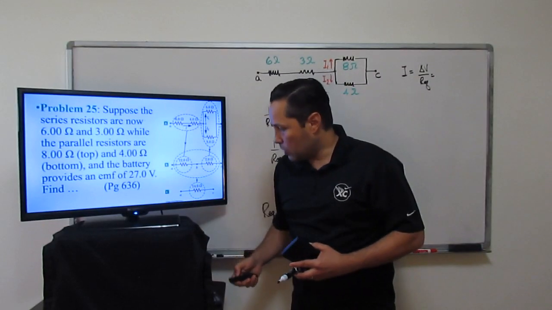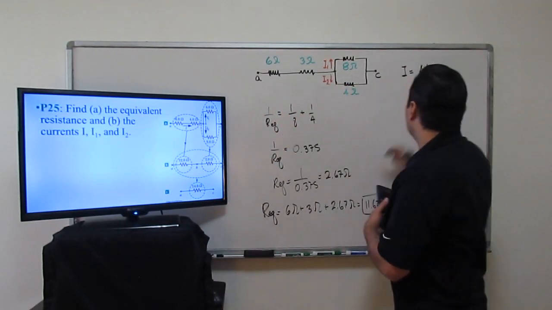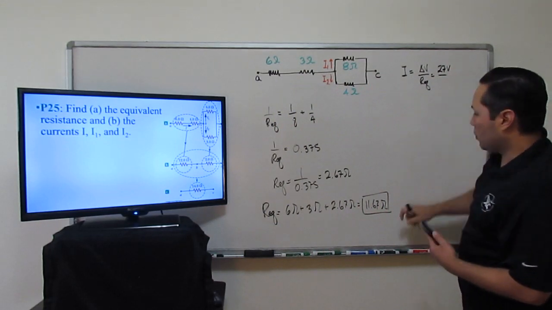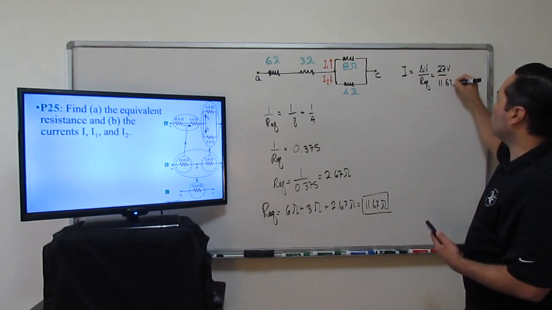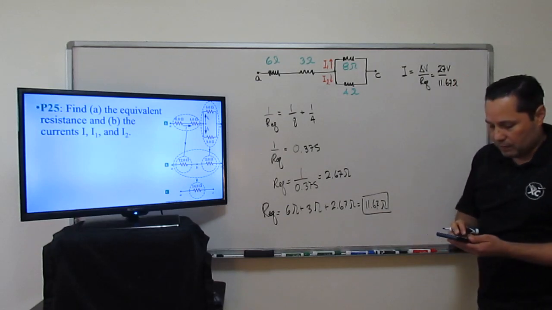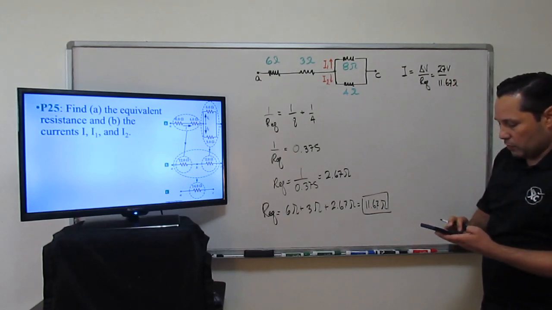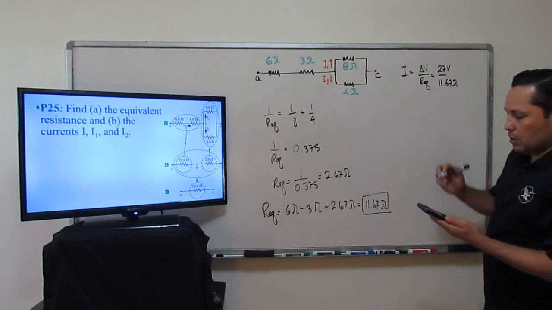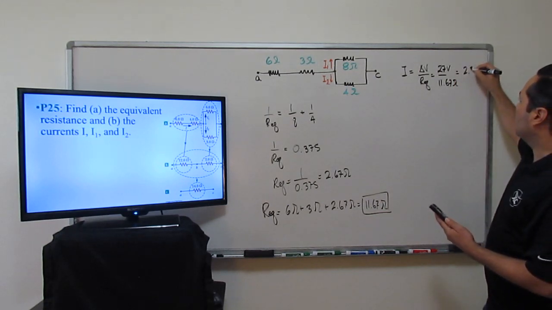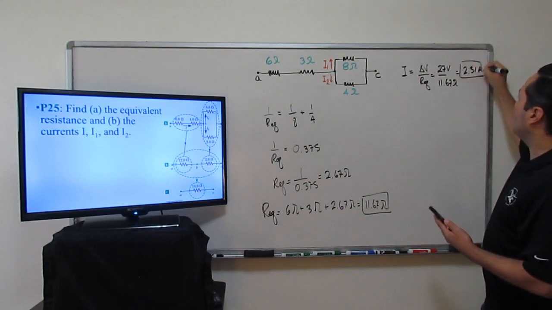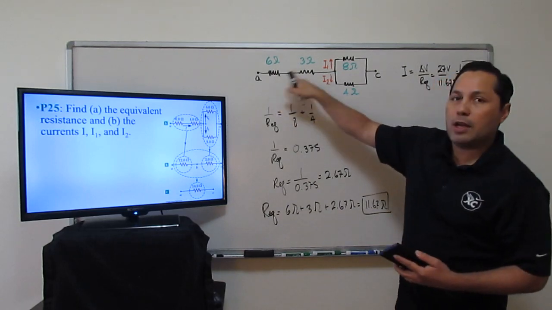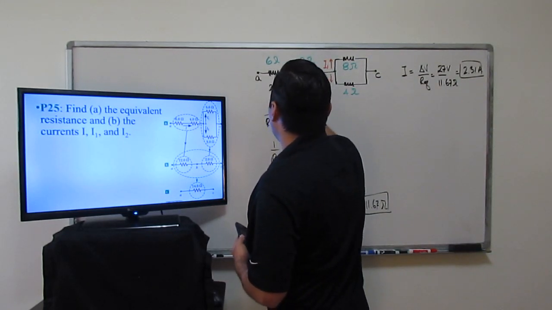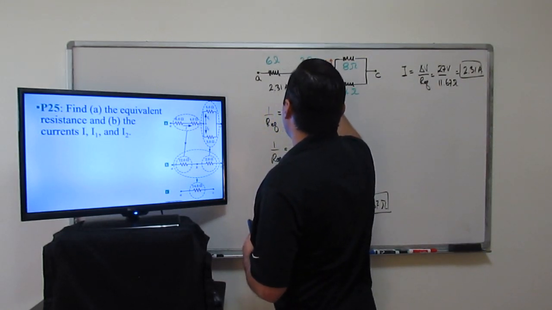So we're going to plug that in as our numerator: 27 volts over the equivalent resistance for the whole circuit, 11.67. That gives us 27 divided by 11.67, 2.31 amps. So that'll be the current here as well as here, 2.31 amps, 2.31 amps.